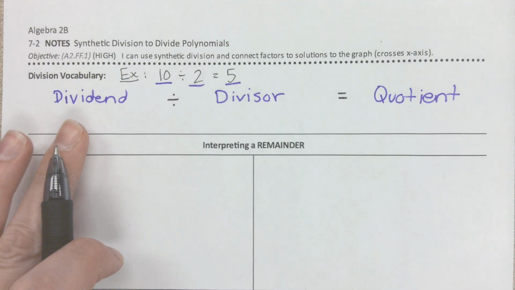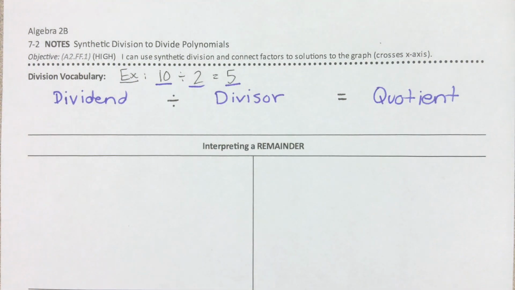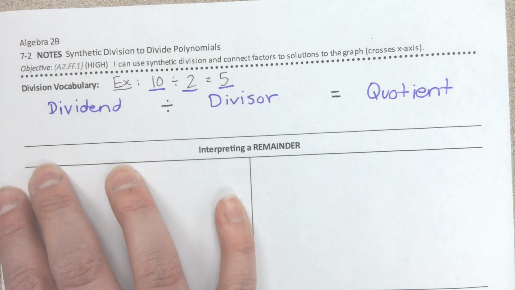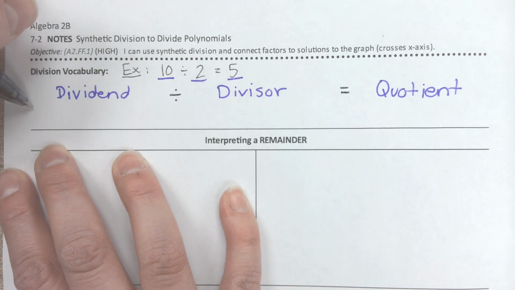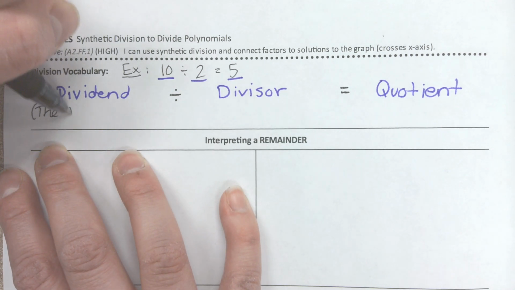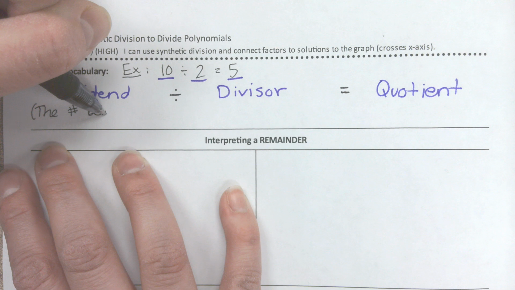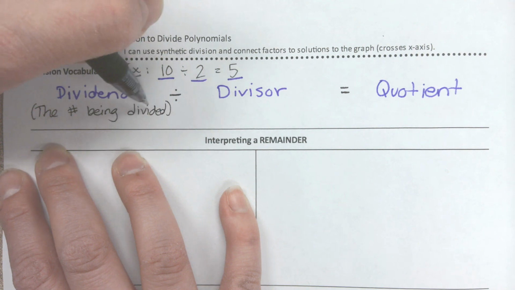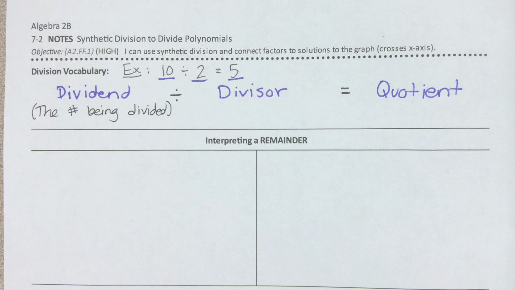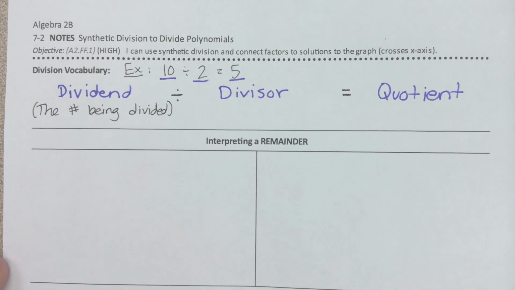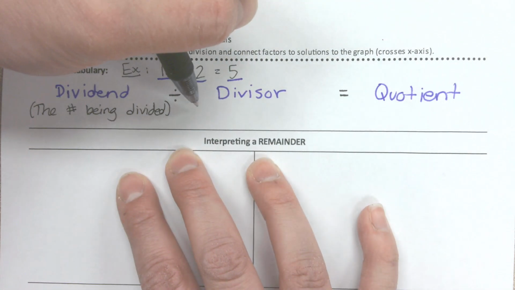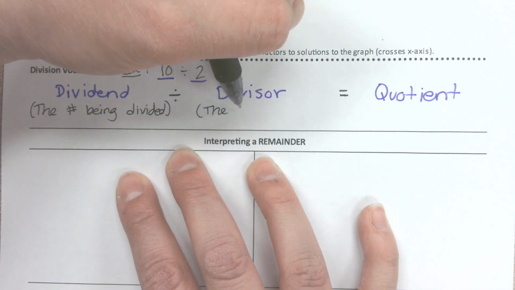I'm going to add just some very quick, simple definitions under those. Dividend is the number that you're taking and you're going to be dividing it up. It's the number being divided. Divisor, which I will talk about a lot, is the number you are dividing by.